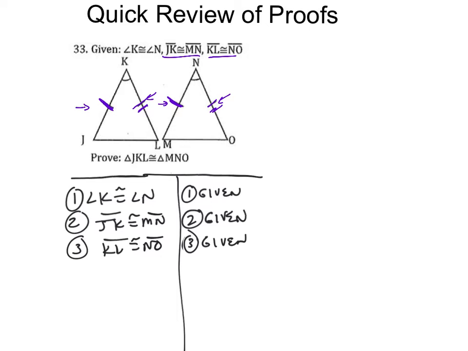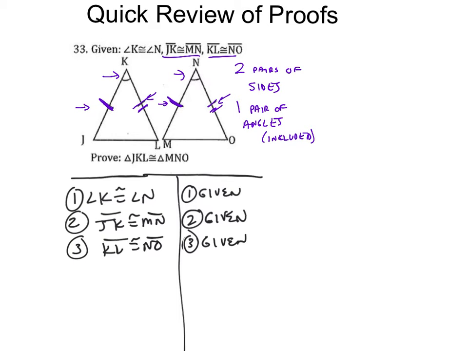So I'm hoping that you recognize that you have 2 pairs of sides, and then you have 1 pair of angles that are all given to you. And the pair of angles is included between the 2 sets of sides.